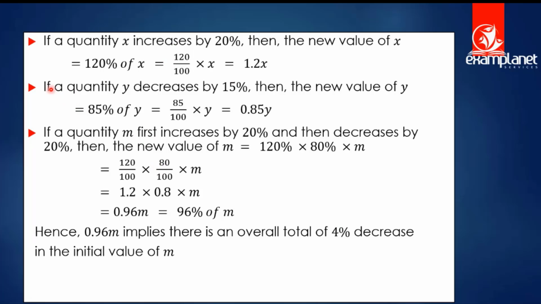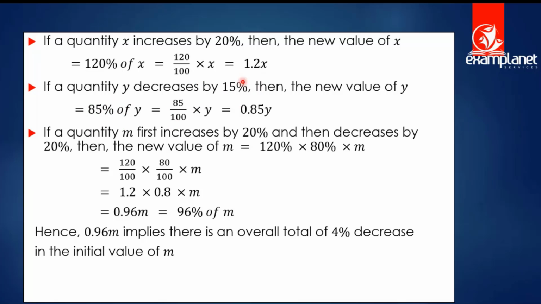Okay, so another one says if a quantity Y decreases by 15%, then the new value of Y is equal to 85% of Y, and that is equal to 85 over 100 times Y, and that is 0.85Y. So this one is a decrease. Y is 100% on its own. So decreasing it by 15% means we are removing 15% from 100%, giving us 85%.